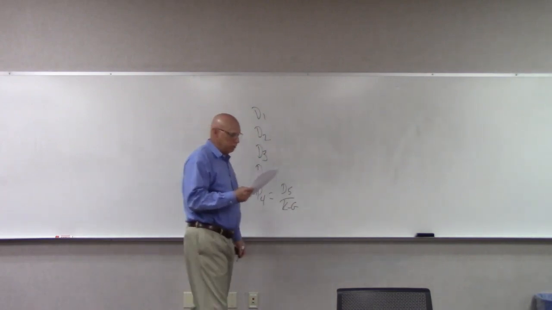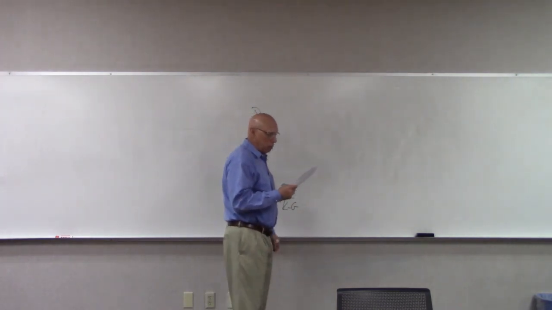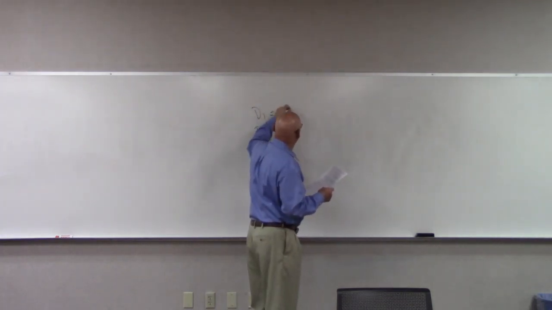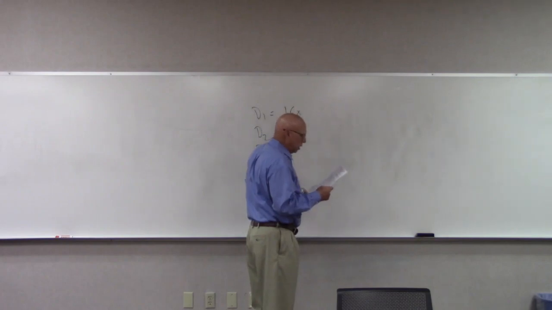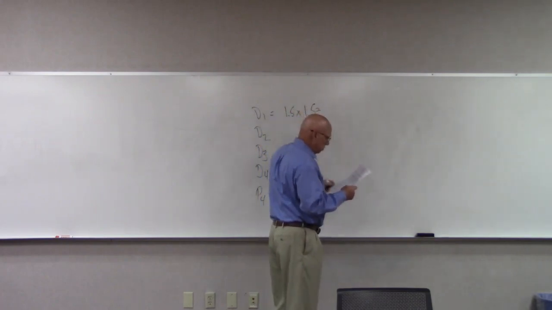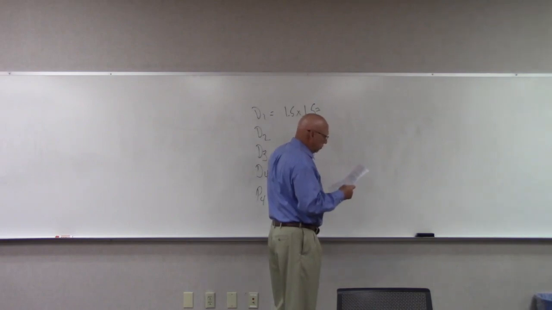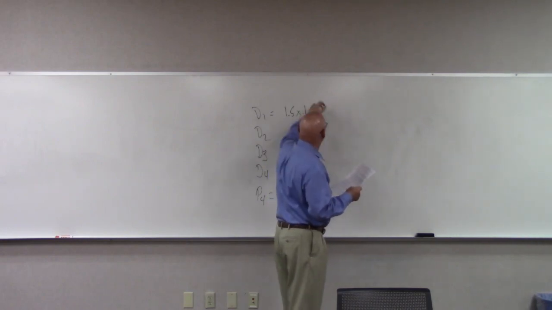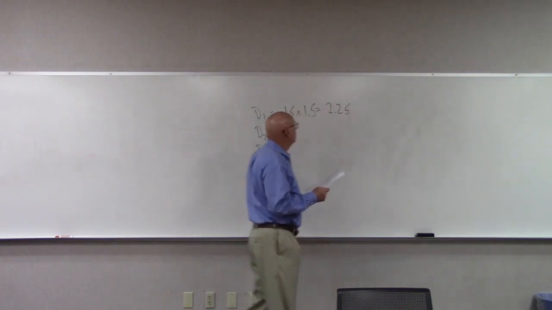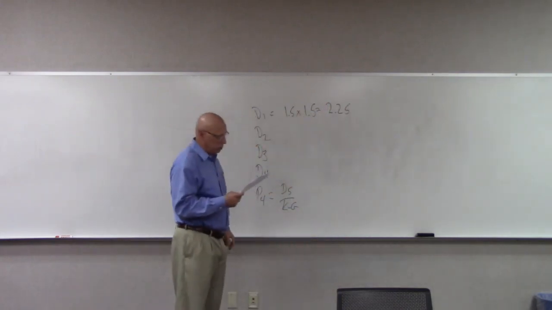So D1 is $1.50 times 1.5. So that is $2.25. Everybody agree with that? Get your calculators out.